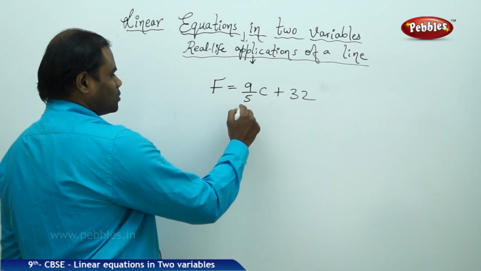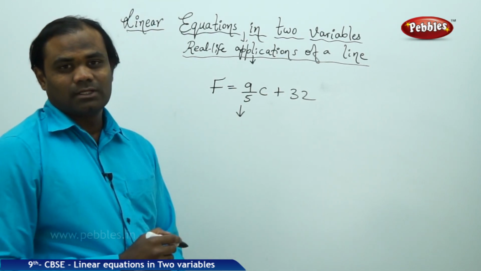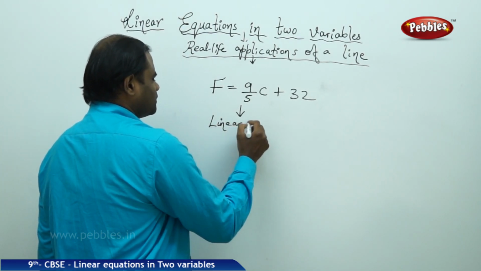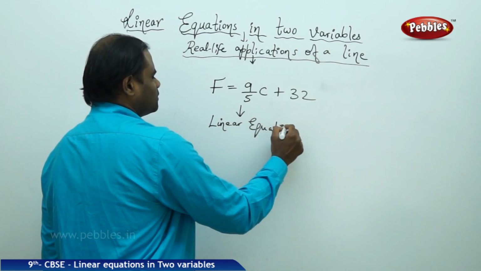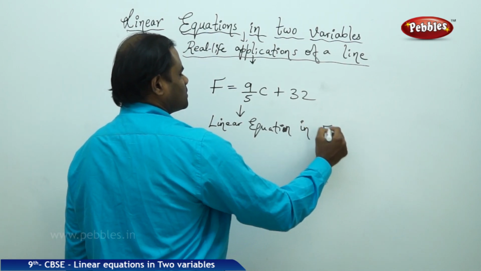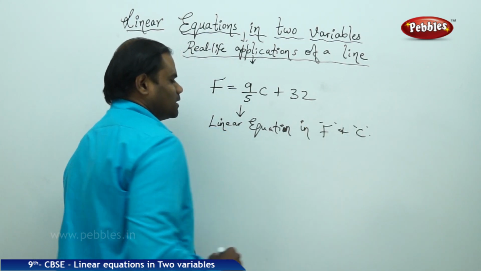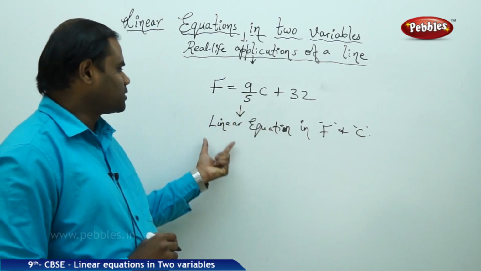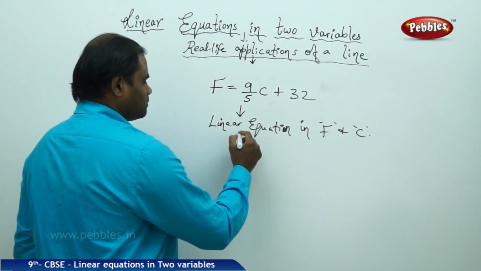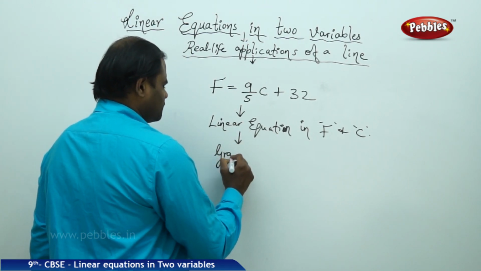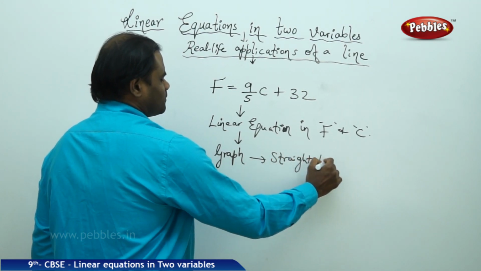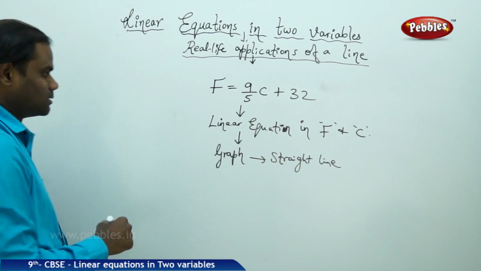If my question was to draw this, clearly this is a linear equation in two variables, F and C. Therefore, this must be a straight line. Its graph is a straight line.